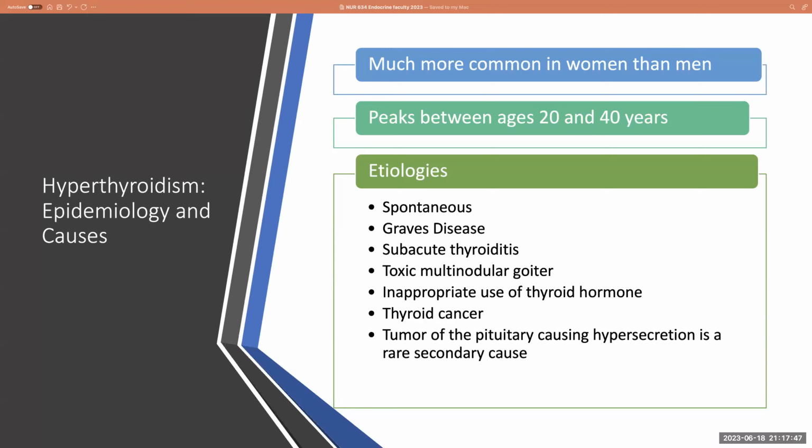And because the pituitary is diseased, it doesn't pay attention to this negative feedback system. Even though the thyroid hormone is very elevated, it continues to produce TSH. So that's the one instance when the TSH and the thyroid hormone would both be elevated.